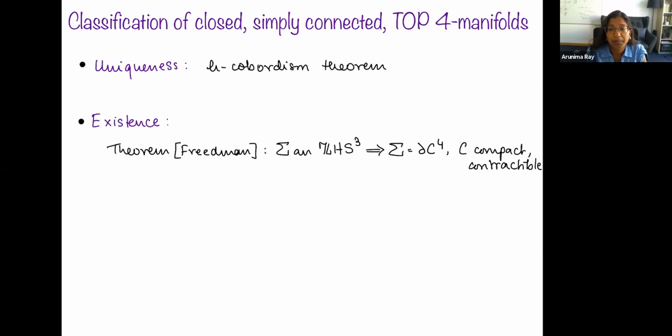You have to wonder about what we know if you just have topological four manifolds. Well, then you need the topological h-cobordism theorem. We also talked about that, so we have it. So the uniqueness aspect we've talked about quite a bit already. I hope that makes sense.